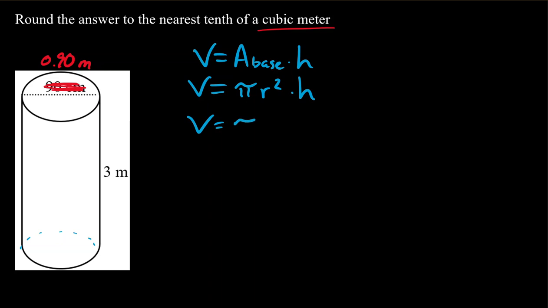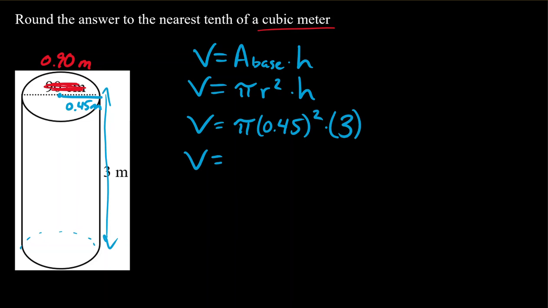We know what pi is. Pi is 3.14159 something. We don't really know what the radius is. We know the radius is half of the diameter, so that's 0.45 meters. So 0.45 squared. And then the height is all the way up here. It's our 3 meters.